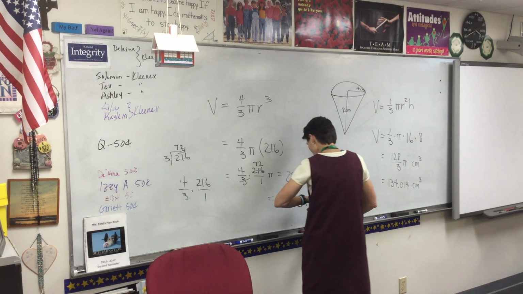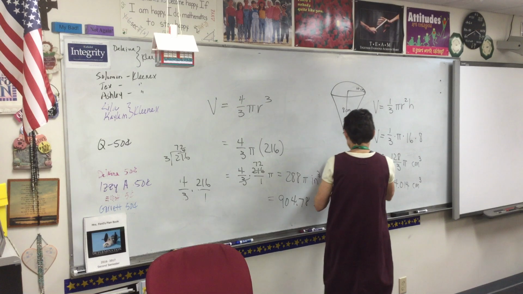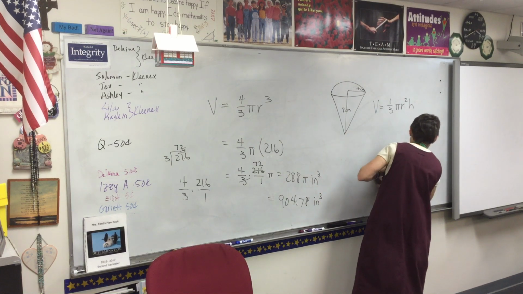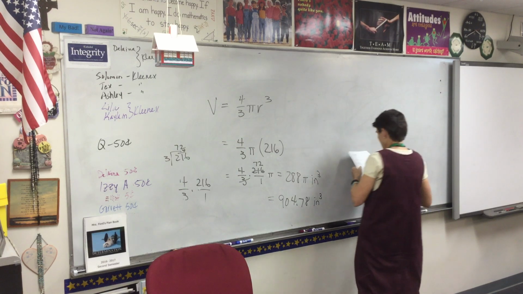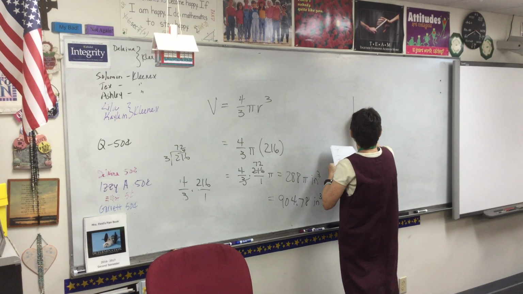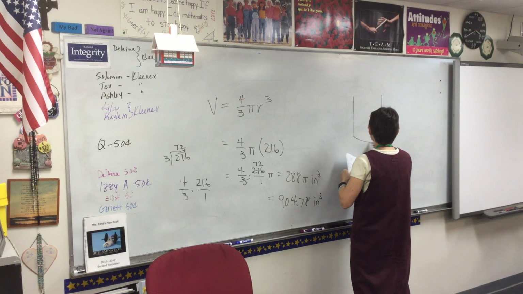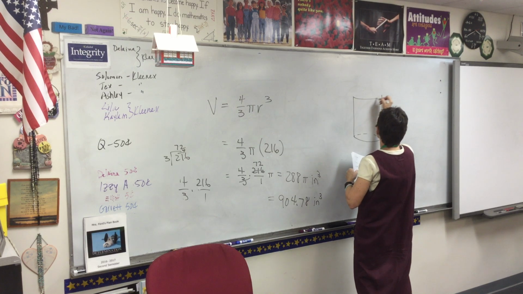All right, what's the shape in D? D is a cylinder.